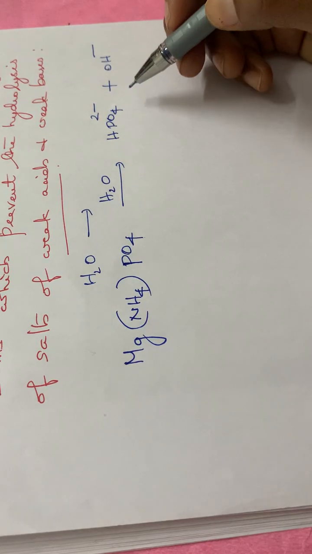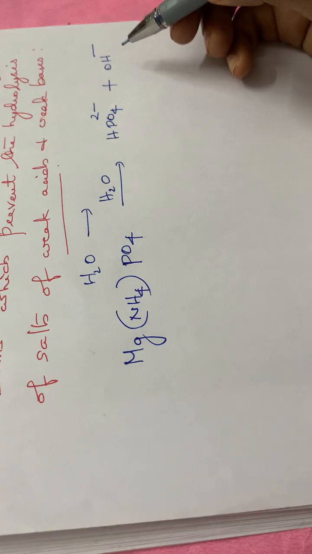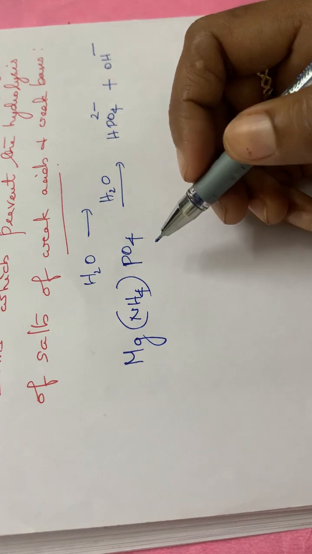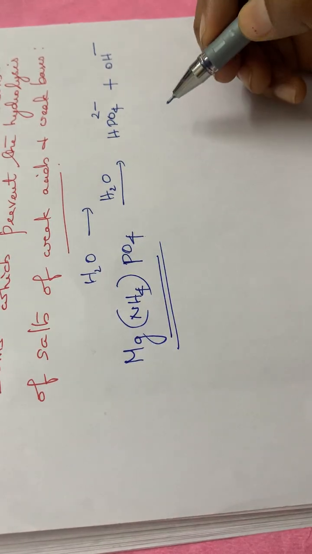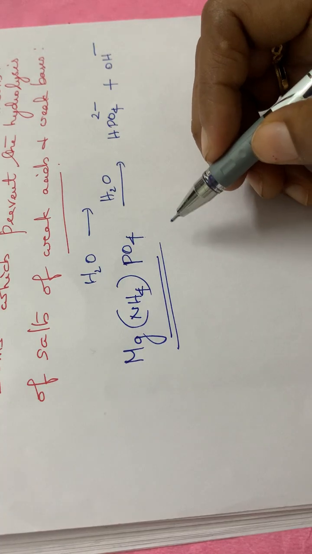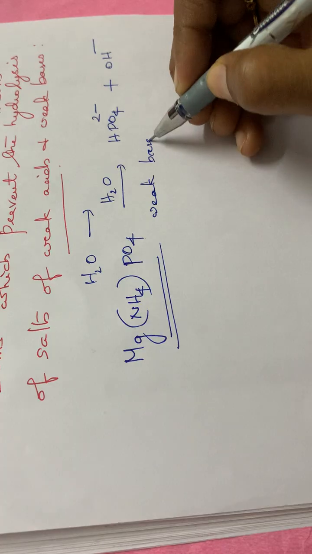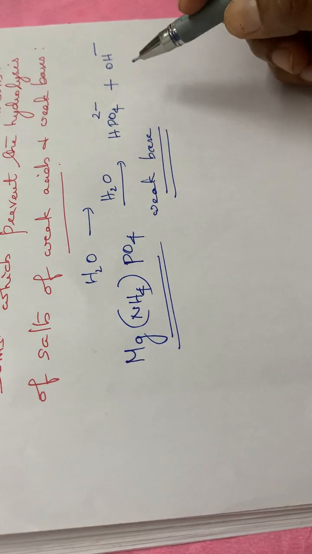So here, the wash solution used is magnesium ammonium phosphate, and it is a weak base, and such a solution will be preventing the hydrolysis.